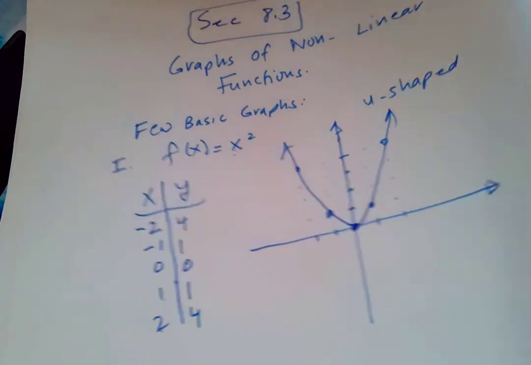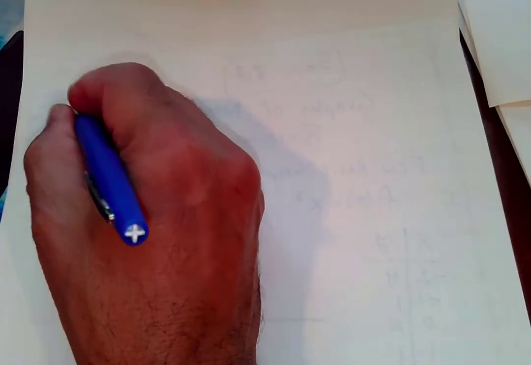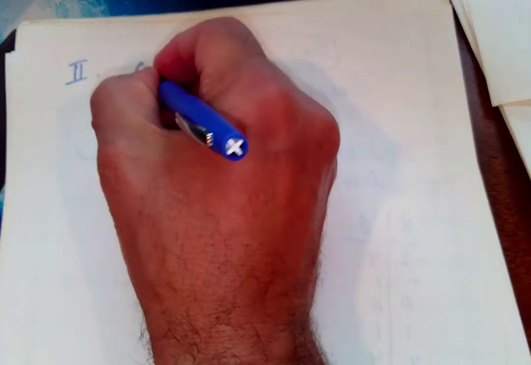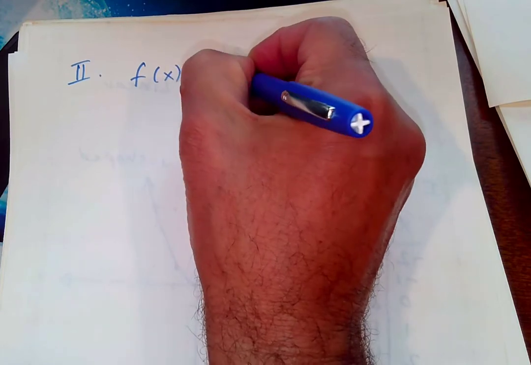And then the second basic graph that we're going to talk about is the V-shaped graph, y equals, or f of x equals, absolute value of x.